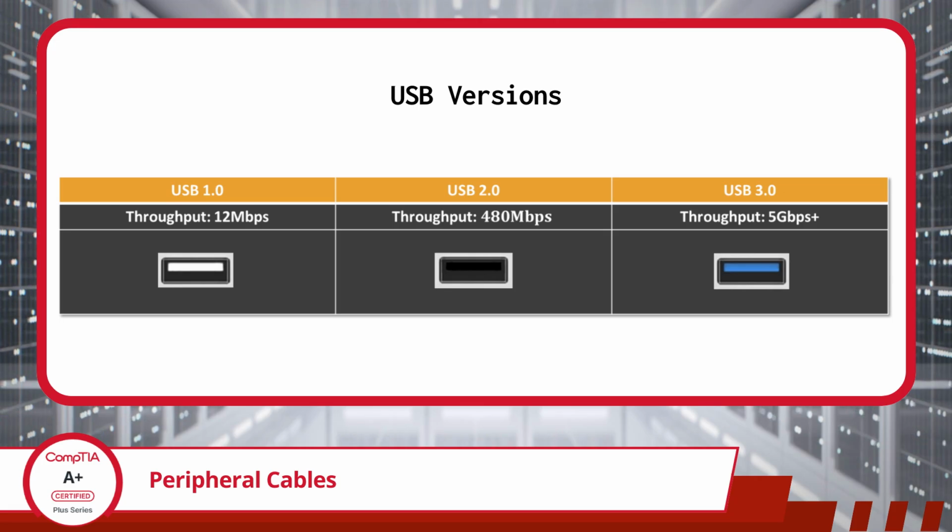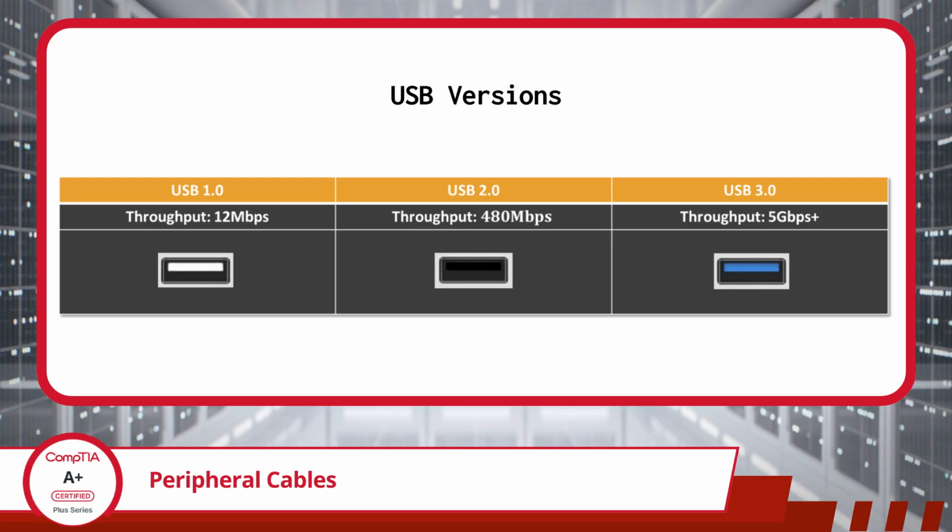USB cables have undergone significant evolution since their introduction with USB version 1.0. Initially, USB 1.0 provided modest data transfer speeds, reaching up to 12 megabits per second, suitable for basic peripherals. However, with the demand for faster and more efficient connectivity, USB 2.0 emerged, representing a significant advancement.